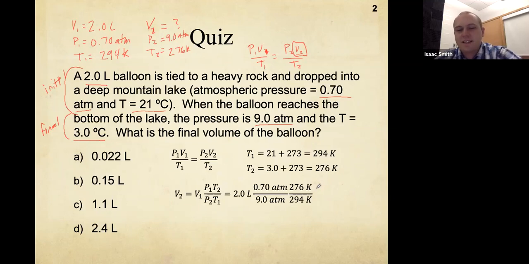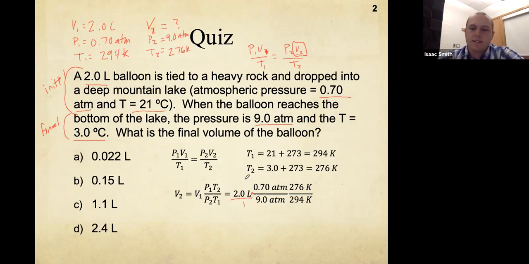So you can see that the places to mess up on this are really rearranging the equation. Sometimes you can mess up on that. And then also just putting it in the calculator wrong. Sometimes that's almost the hardest part about these, getting these all together. What I would recommend if you're having trouble is you can view this as a fraction if you want. 2.0 liters over 1, right?